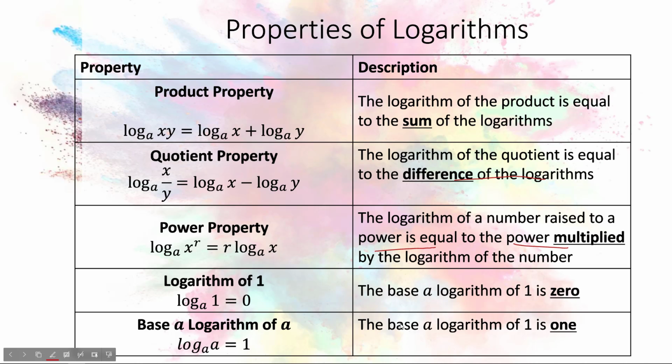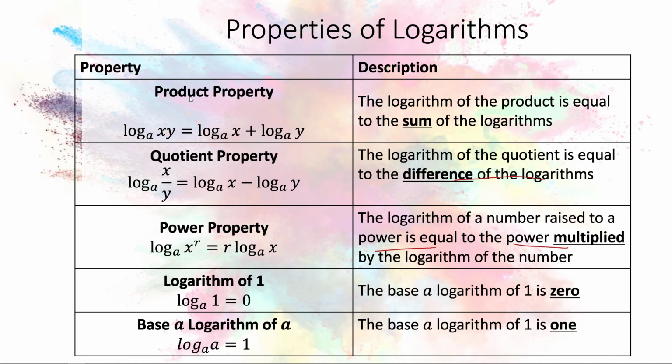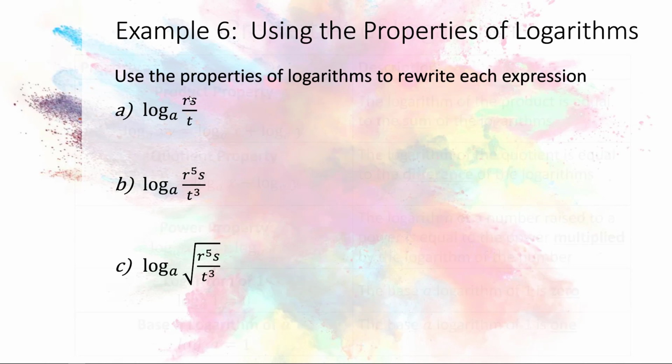And once again, we can actually use these to simplify problems or to condense problems. Okay, so here are some examples of things that we can simplify. The first one is log base a of r times s divided by t. For this one, we are going to use the product property and the quotient property.